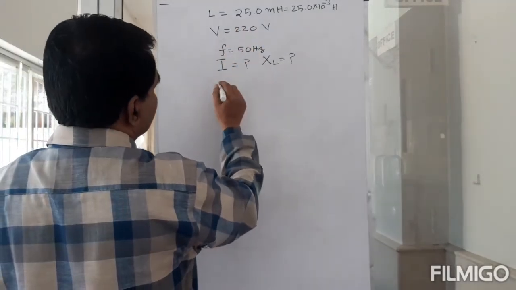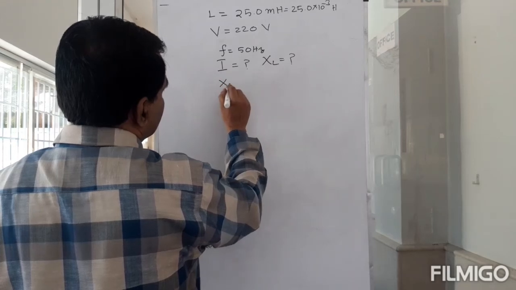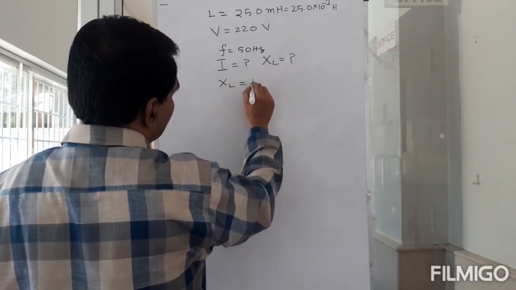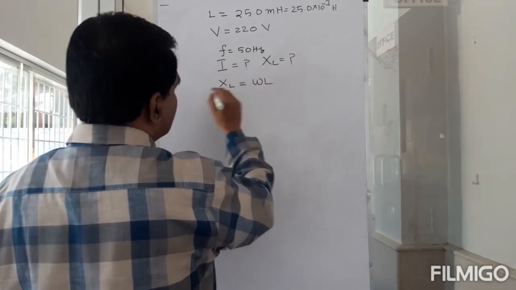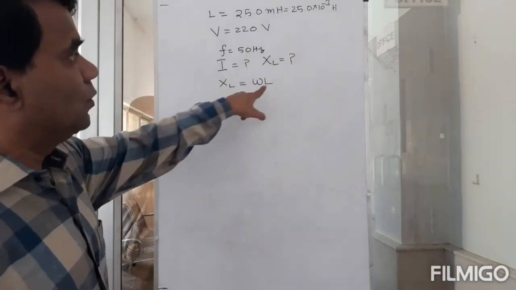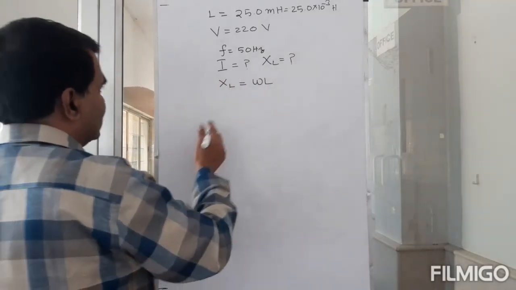What is XL? Inductive reactance XL was omega into L. And what is omega?